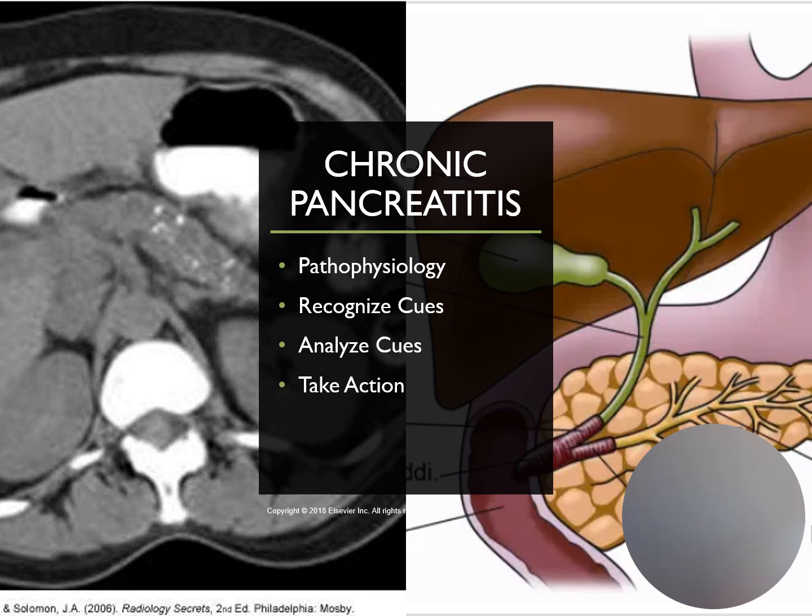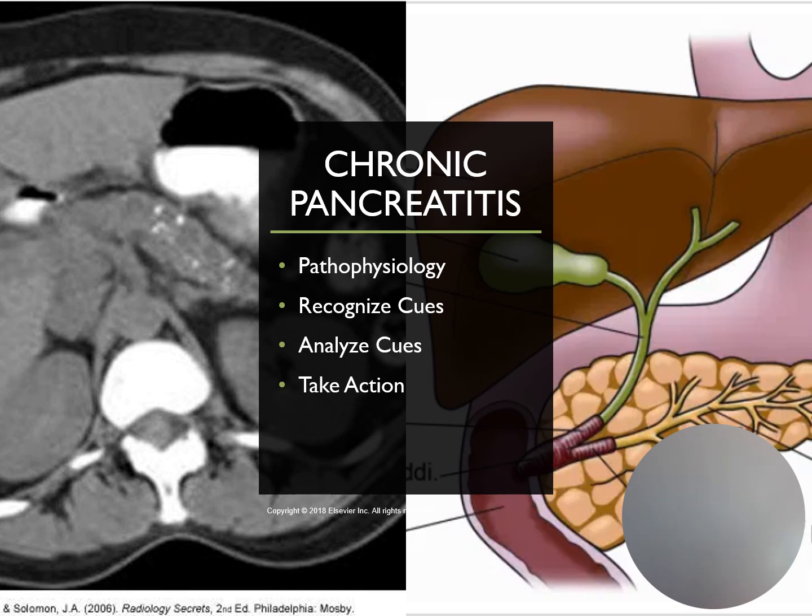With nutrition, that would be our total parenteral nutrition or total enteral nutrition, vitamin and mineral supplements, a consult from the dietitian, because these clients, in order to maintain their weight, are going to require 4,000 to 6,000 calories a day. They will need high carbs and high protein, but they need to avoid high fat.